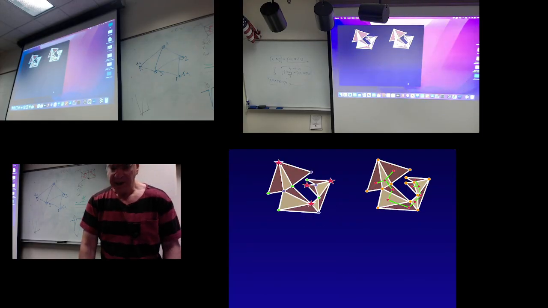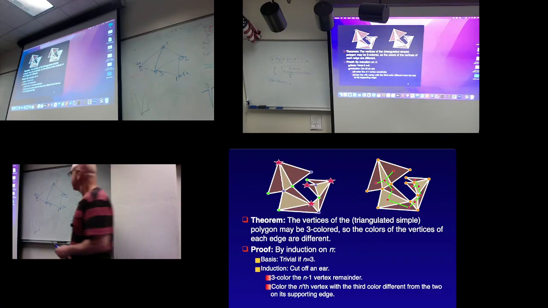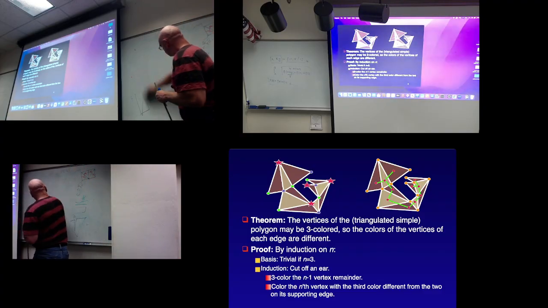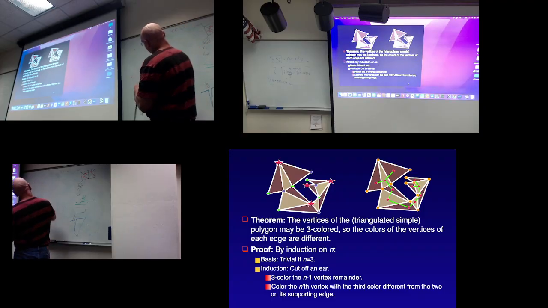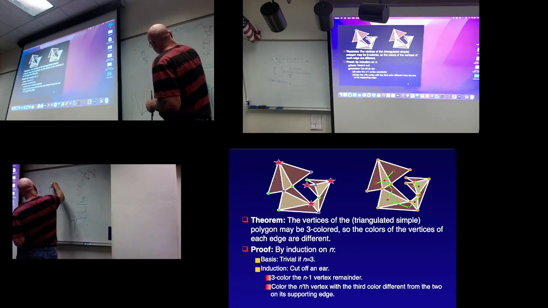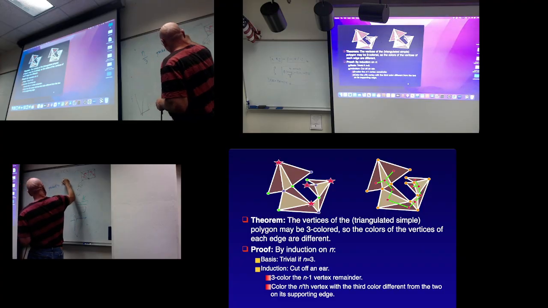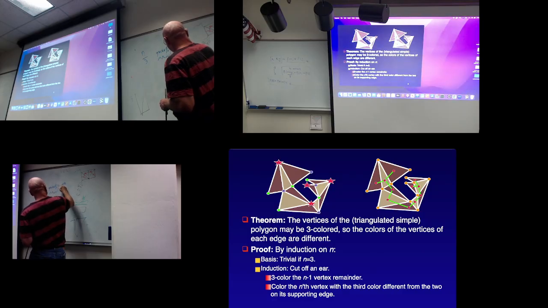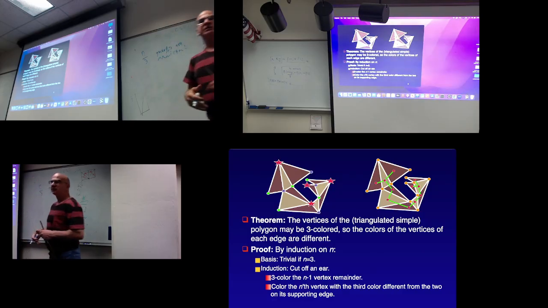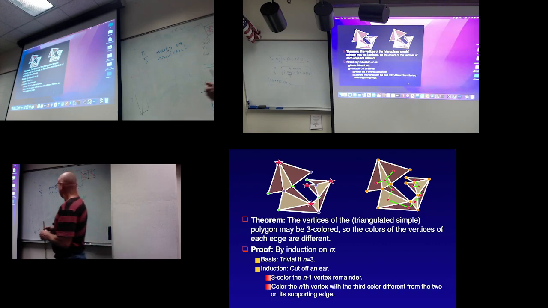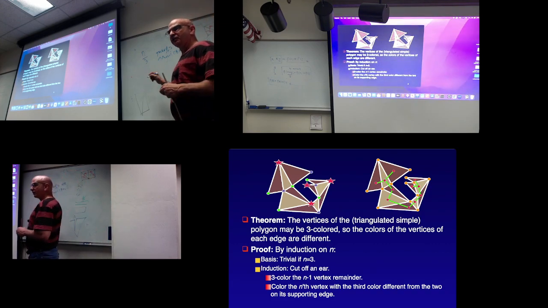So what did we prove via this theorem? That n over 3 guards are sufficient to guard the whole polygon. But why is this true? Because look at all the vertices after you color them.